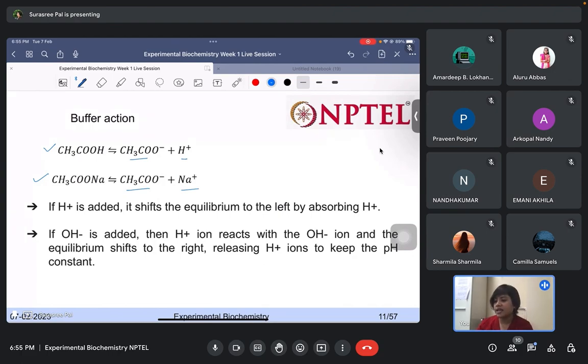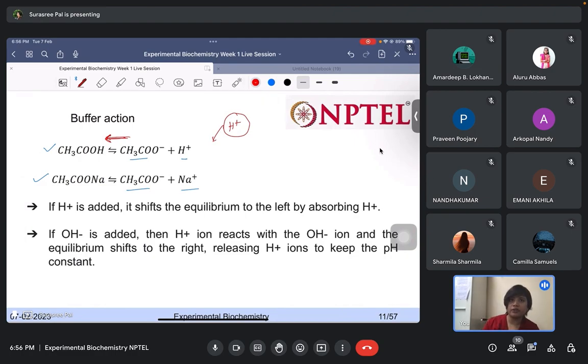Now if H plus ions are added in this system, then what happens? The equilibrium is shifted to the left, right? The equilibrium is shifted to the left so that these additional H plus ions can be absorbed. So that is why there is a shift of equilibrium towards the left side, and there is absorption of the H plus ions so that the H plus ion concentration in the solution remains fixed, and therefore there is no change in pH, right?